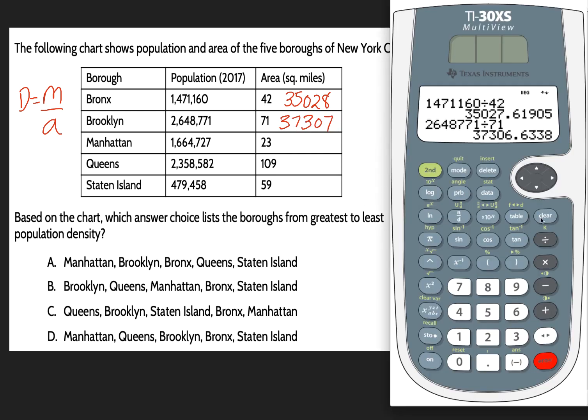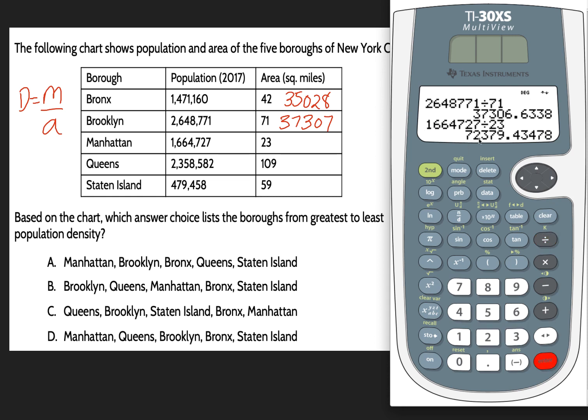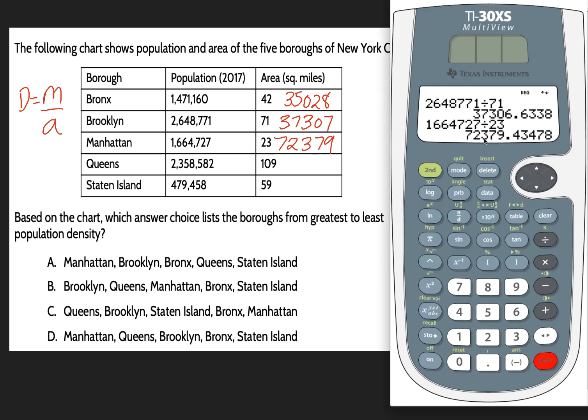All right, let's try Manhattan. Now notice I'm not clearing my calculator screen. Manhattan is 1,664,727. And I'm going to divide that by 23, which is the area. All right, I have a value of 72,379.